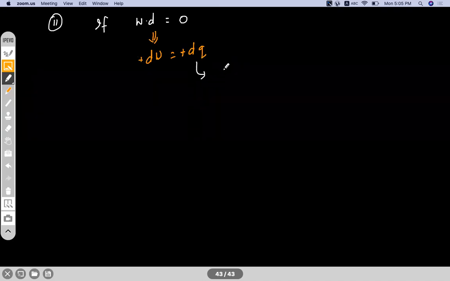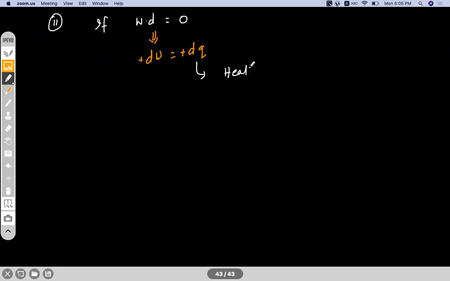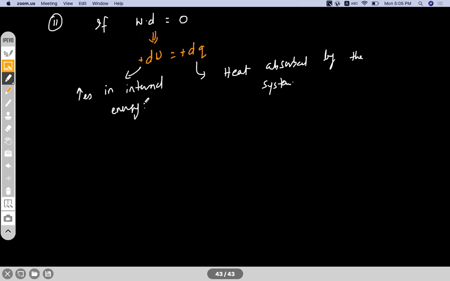Plus dq is heat absorbed by the system, and this is increase in internal energy.